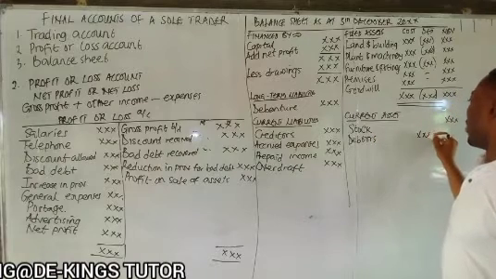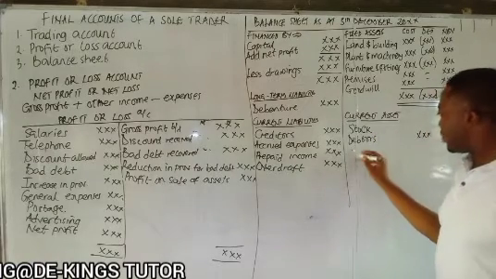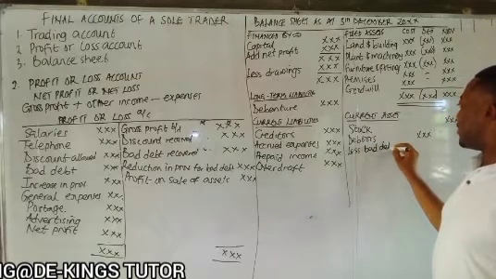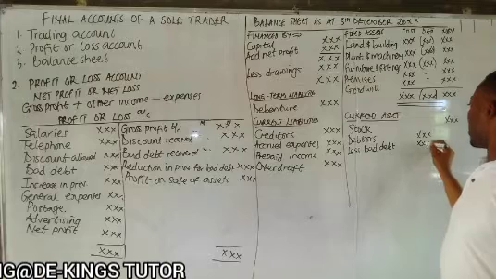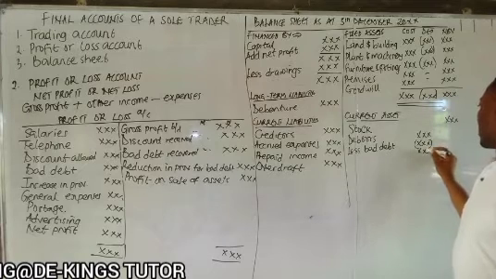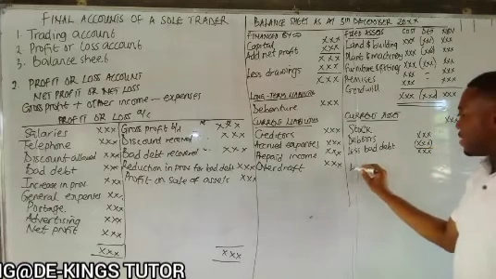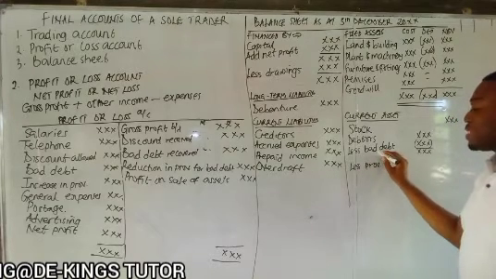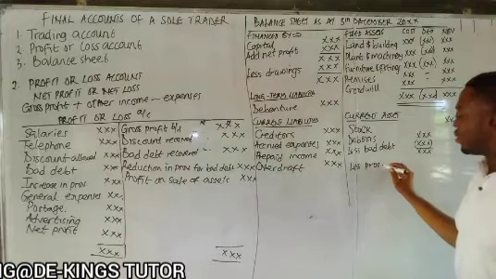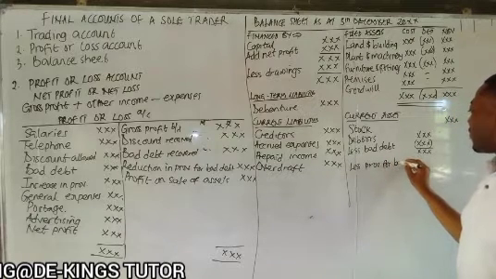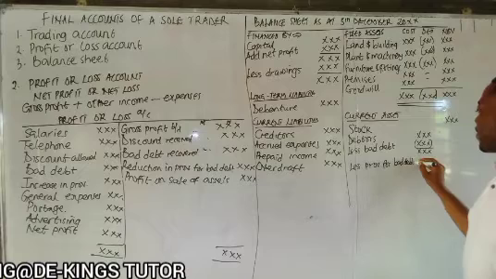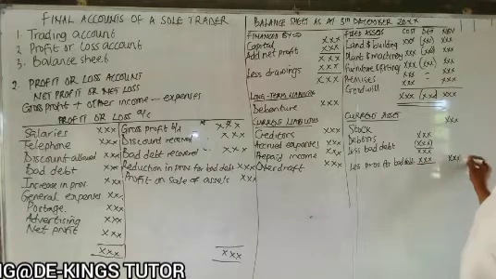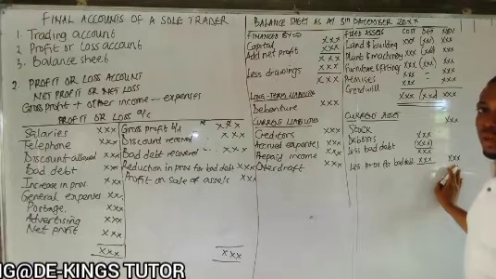Now the debtors figure, if there is bad debt, you deduct bad debt. Then if there's provision for bad debt, you also deduct the provision. You deduct bad debt first before you deduct provision for bad and doubtful debt. If you do that, you bring down the original debtors figure.